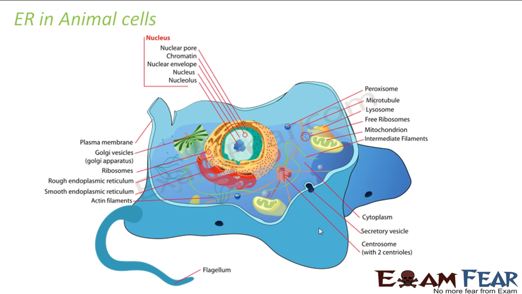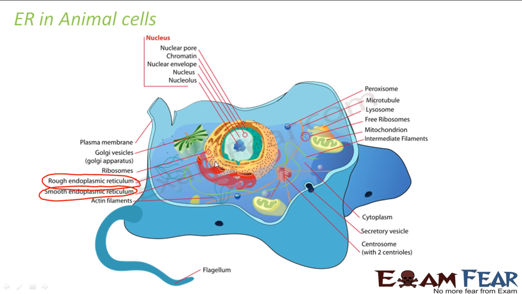Let us look at the endoplasmic reticulum in an animal cell. So this is an animal cell where we can see the endoplasmic reticulum here. So this is my rough endoplasmic reticulum and this is my smooth endoplasmic reticulum. So where is my rough endoplasmic reticulum? This region, you see there is a dotted region in light yellow or light brown, whatever you call it.